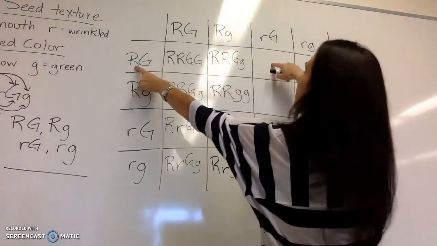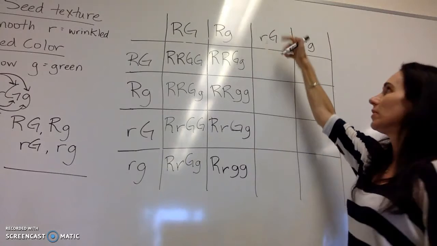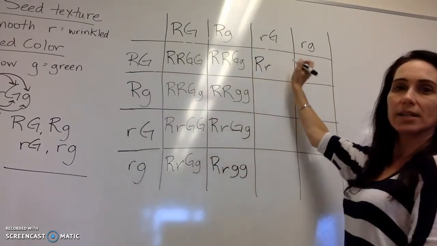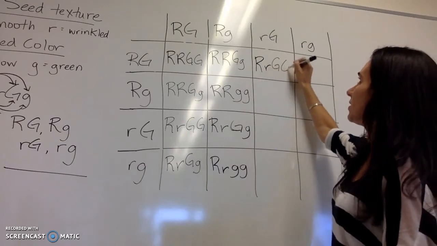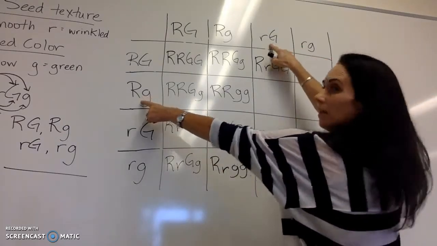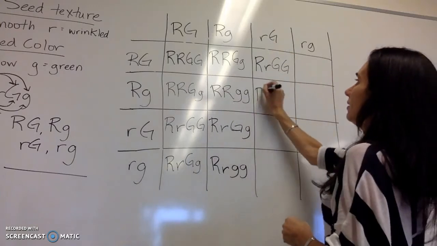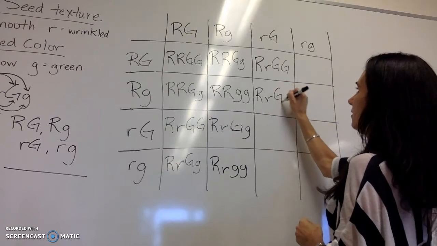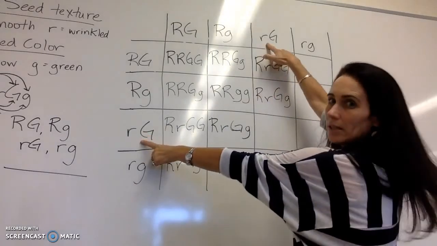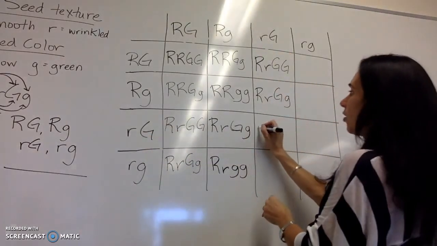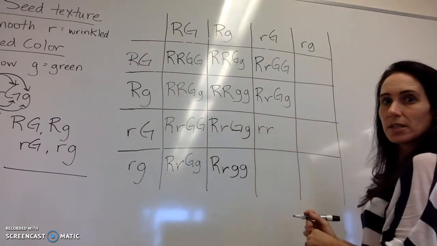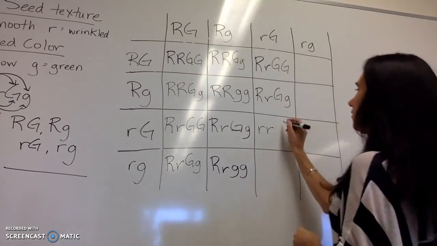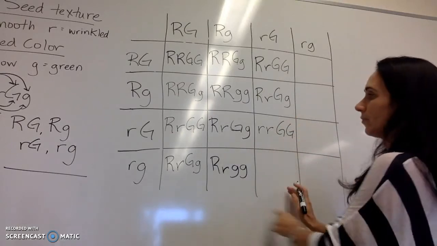Here, we've got the dominant and the recessive, so heterozygous for seed texture, and homozygous dominant, 2 big G's for seed color. Heterozygous, seed texture, heterozygous, seed color. Here and here gives us homozygous recessive for seed texture and homozygous dominant for seed color.